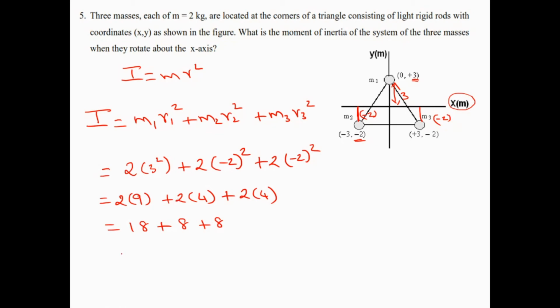So 34 is the answer for the moment of inertia of these three masses when they rotate about the x-axis. Based on this x-axis, the net moment of inertia for these three masses is 34 kilogram meter square. Clear? So this is the answer for the fifth question.